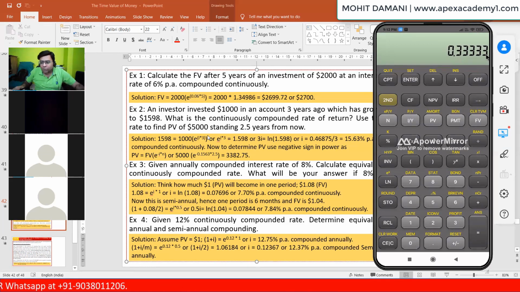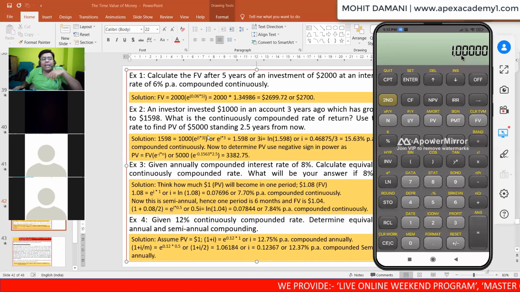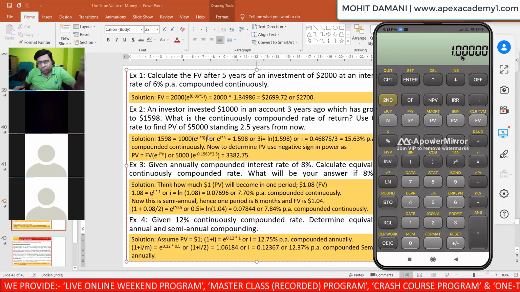So if I multiply this with 3, I get an exact 1. But if it actually would have been 5 decimal places of 3 only, I would not have got 1, I would have got 0.9999.